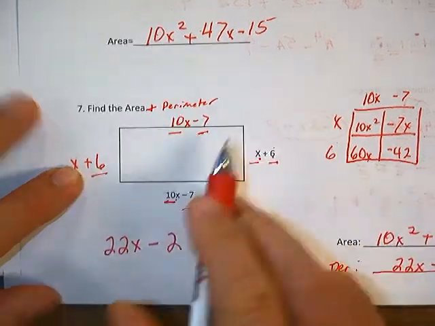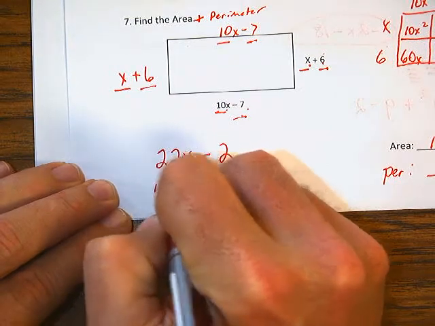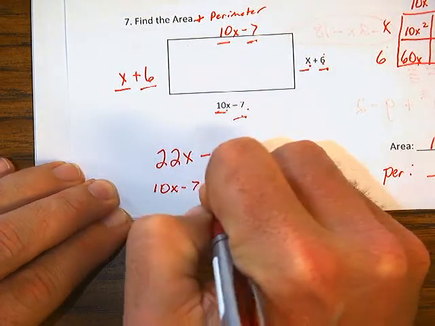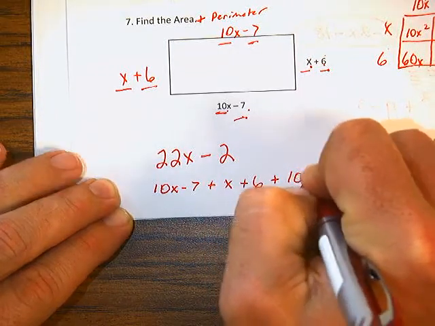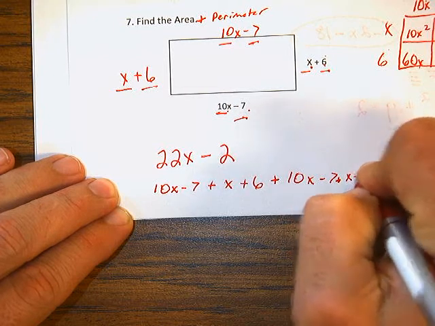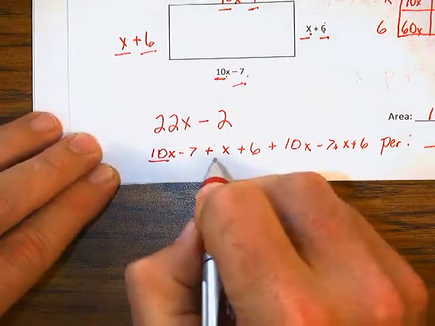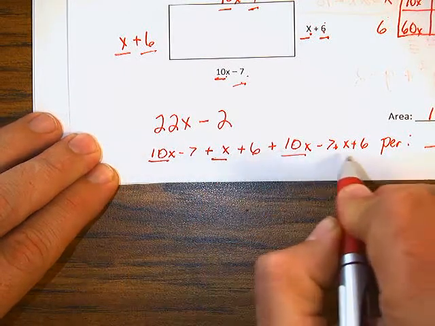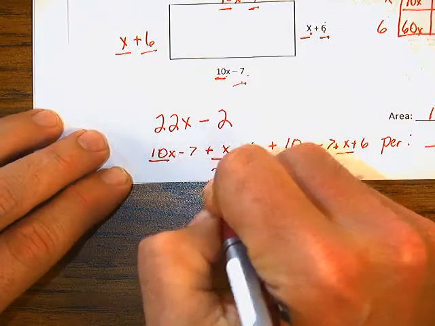Or I could have just simply written it out as 10x minus 7 plus x plus 6 plus 10x minus 7 plus x plus 6. That's easier to see this way. Okay, 10x plus x plus 10 plus 1. 10 plus 10 is 20, plus 2 is 22x.